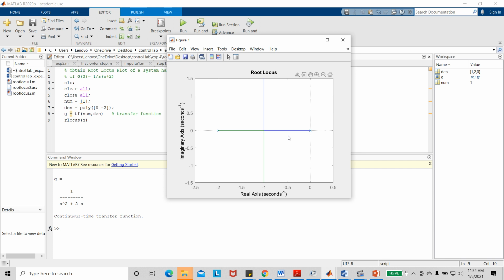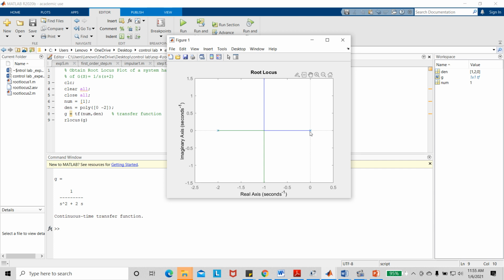So in this plot, by using the value of gain k, we can locate the position of poles. As we change the value of k, the system pole position changes. So root locus is a method which explains a diagram where the values of poles and zeros change.